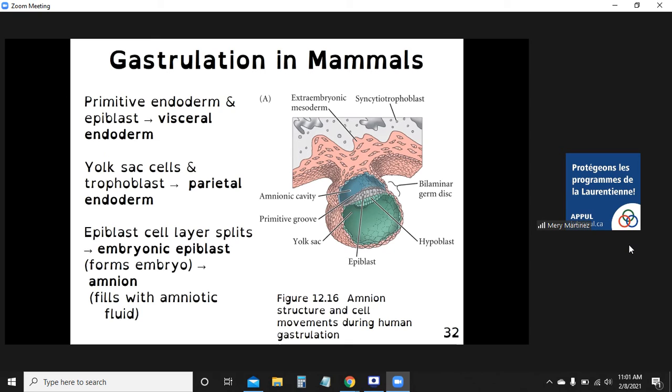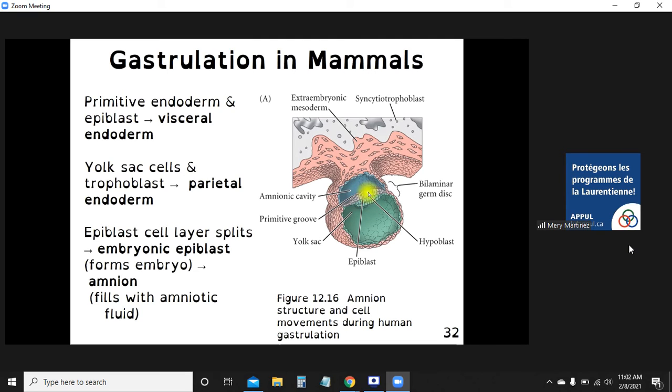This epiblast cell layer splits, and then we're going to have the formation of the amnion, which is what we have in this section over here. Once the formation of this amnion is made, it fills with the amniotic fluid, which normally, as we say, allows for the shock absorption of the embryo and also prevents the desiccation of the embryo.